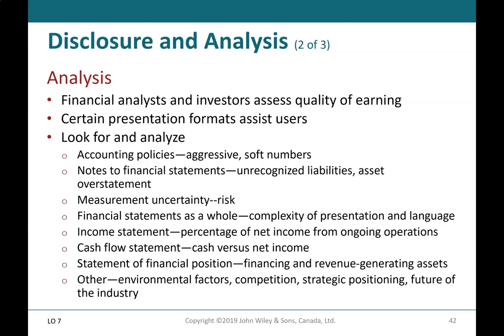Financial statements as a whole: complexity of presentation and language. Income statement: percentage of net income from ongoing operations. Cash flow statement: cash versus net income. Statement of financial position: financing and revenue generating assets. Other: environmental factors, competition, strategic positioning, future of the industry.